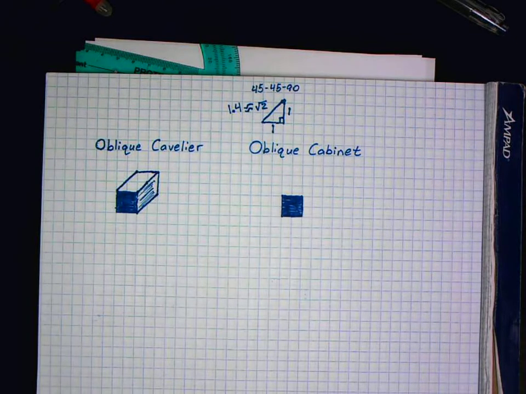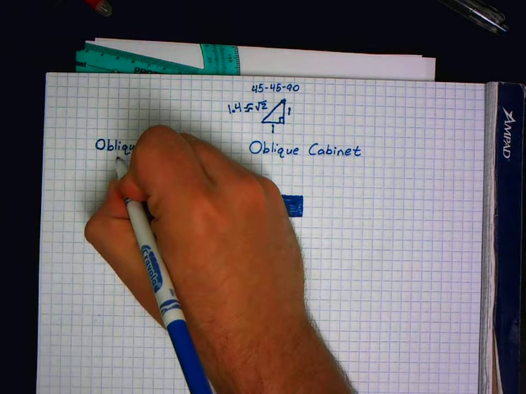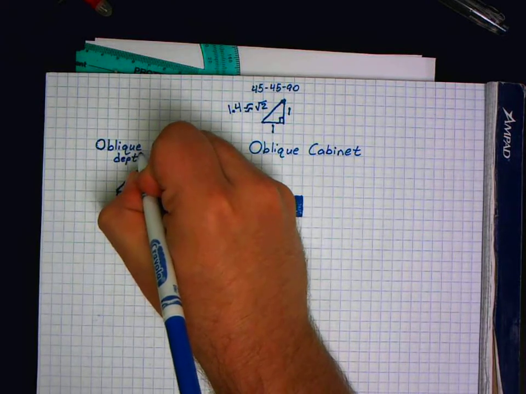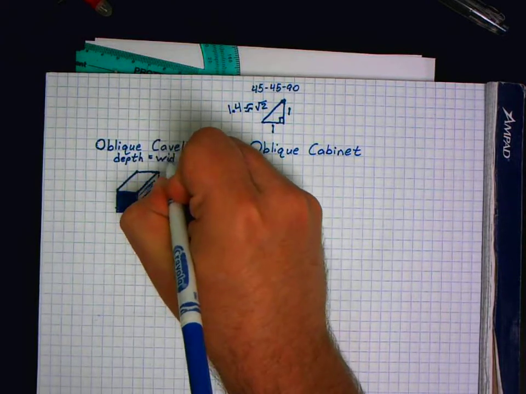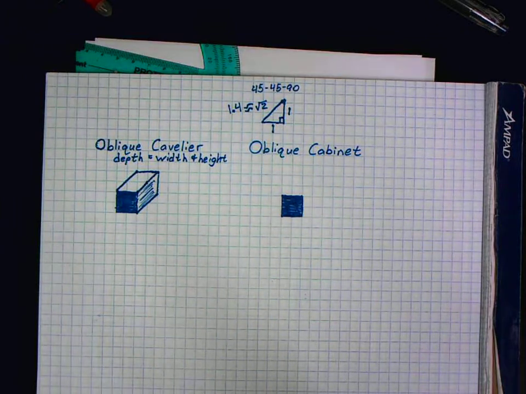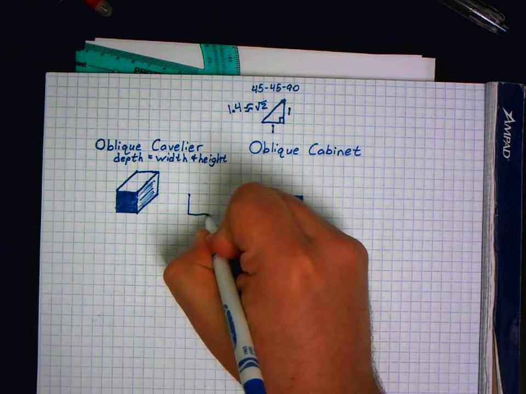Now, just like what a cube should look like, that follows the rule. Here our depth equals our width and our height. If I'm using 2 squares for my block, then I use 2. But it doesn't look like I did my depth. My depth is actually 2.8 units instead of just 2 units.